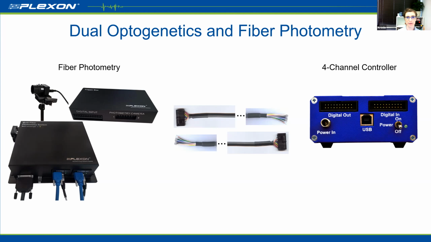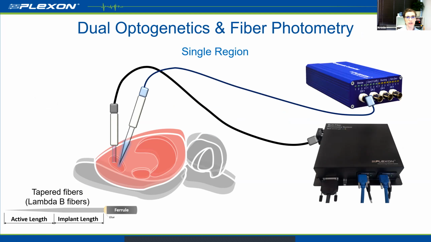And so the hardware setup is going to be almost exactly the same, connecting the 4-channel controller through digital inputs and outputs to your vibrophotometry system. And Plexon's vibrophotometry system also has a trigger box. Now, if you want to do single region dual optogenetics and vibrophotometry with 2 tandem systems, you'll need to put at least one fiber at an angle, most likely.